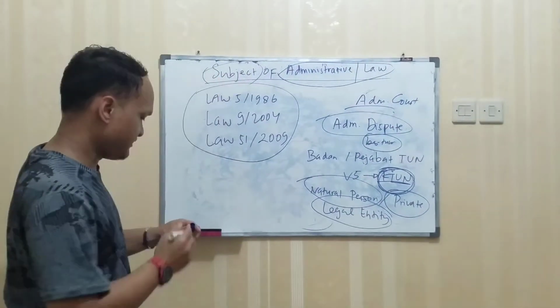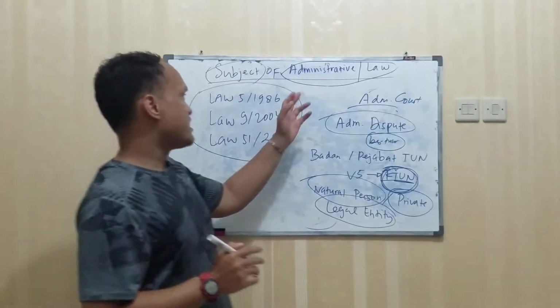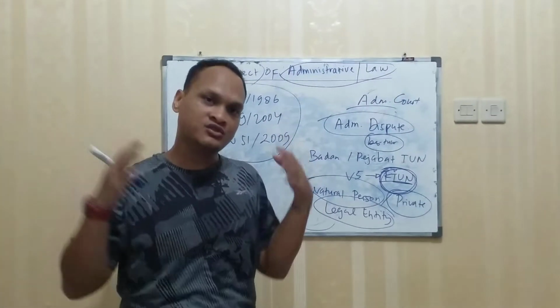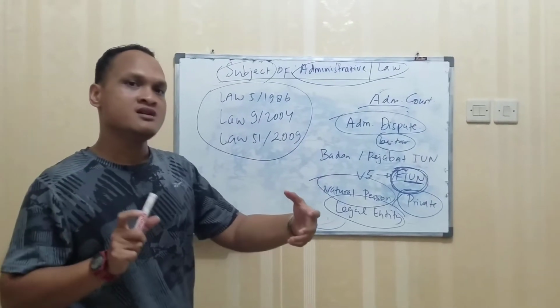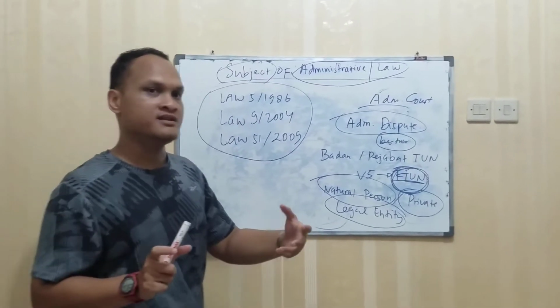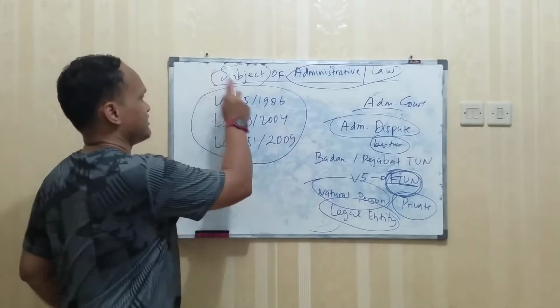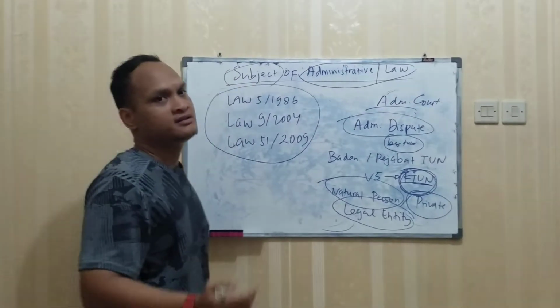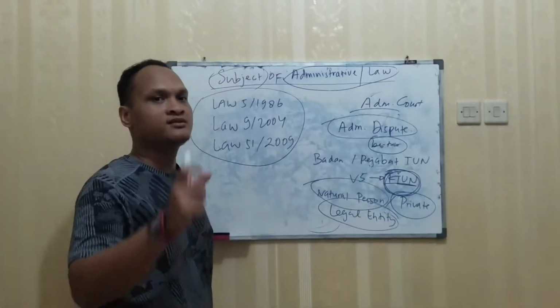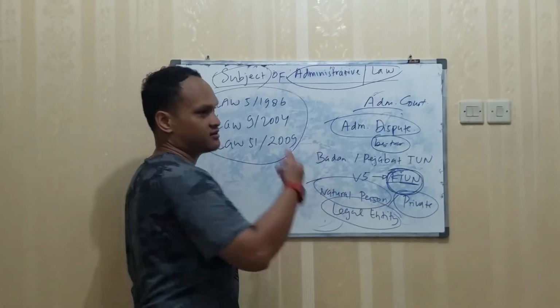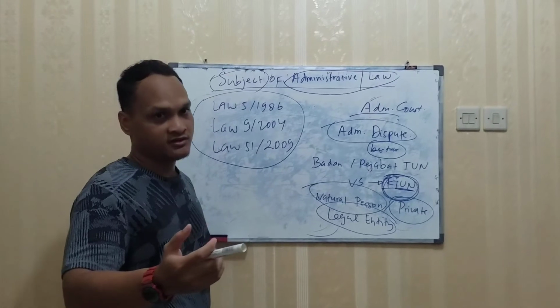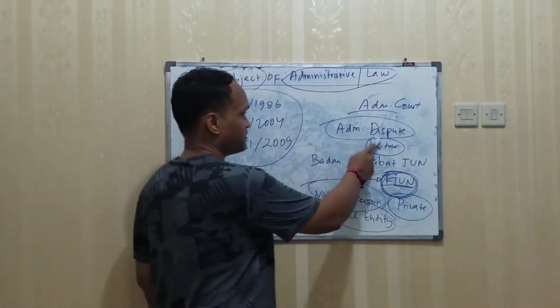So here we can see that when we talk about administrative law in a smaller aspect, the parties involved in the dispute settlement here are considered as the subject. Back again, subject here means a party who can undertake right and obligation. So who is the one that can undertake the right and obligation in administrative dispute?